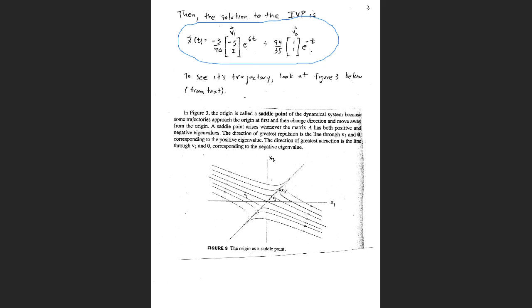No, at least in my book, it's 316. I have the physical textbook, so let me see here. In the ebook, yeah, 316. Sometimes the pages in the ebook differ from the pages in the physical textbook.